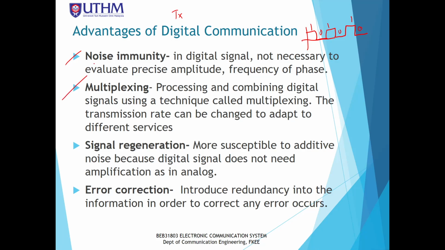And then what? Multiplexing. We can combine many signals together easily. Multiplexing is easier compared to the process in analog. Why? Because every signal looks the same, 1, 0, 1, 0, in terms of logic 1, 0.